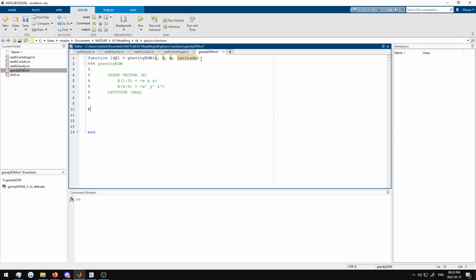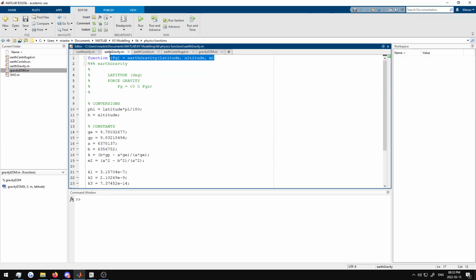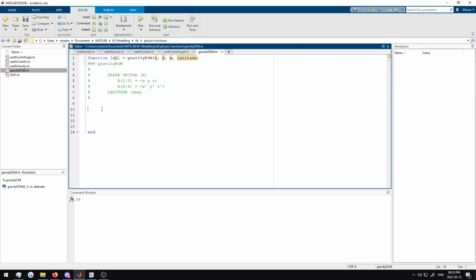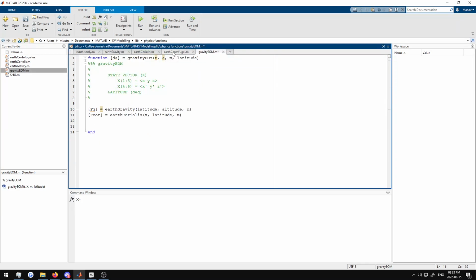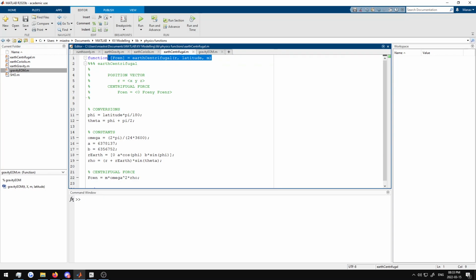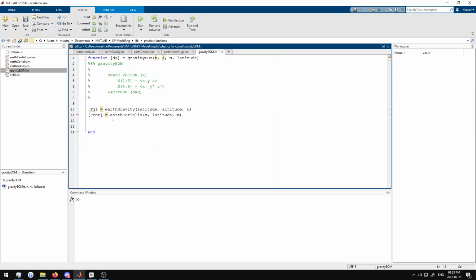So now we just have to put in our three models for our three forces. We have Fg, which will go right there. We have our Coriolis force, which we will put in right here. And we have our centrifugal force, which is going to go right here. Paste, and get rid of these. Boom.